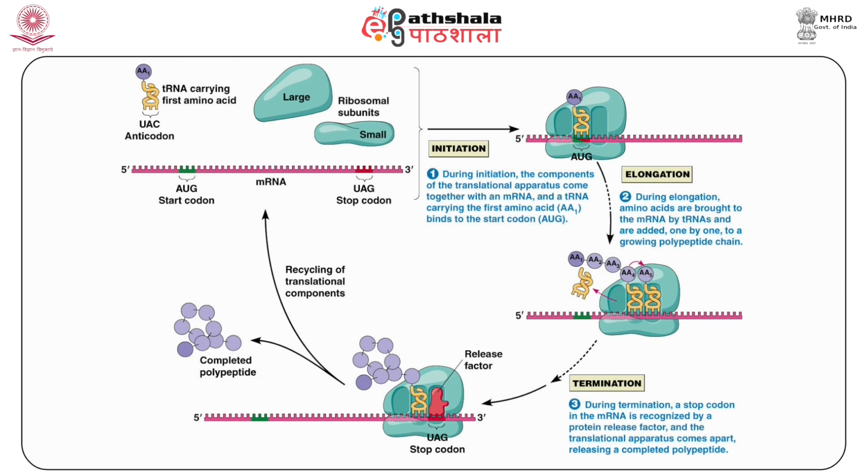The process of elongation stops when the ribosome reaches the stop codon. The components of ribosome disassemble due to the release factor and the protein which is synthesized is released.